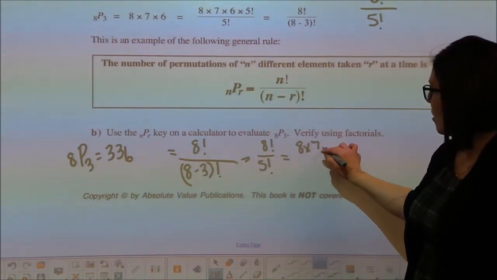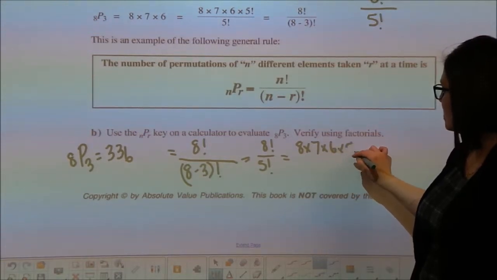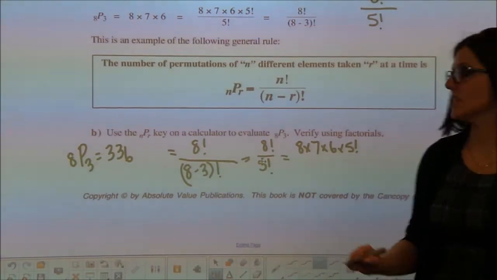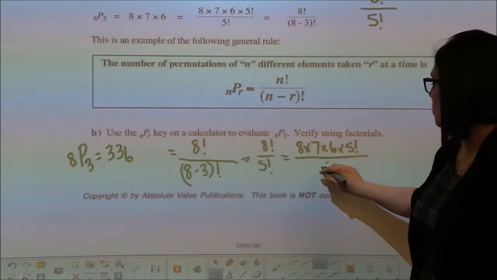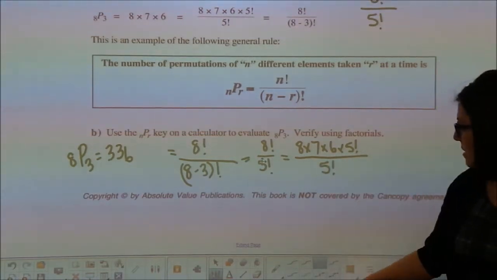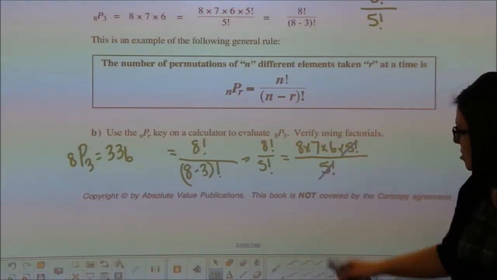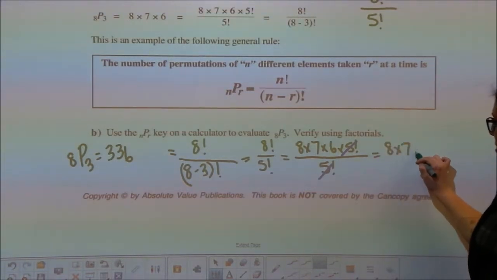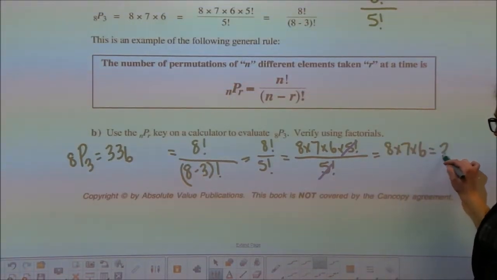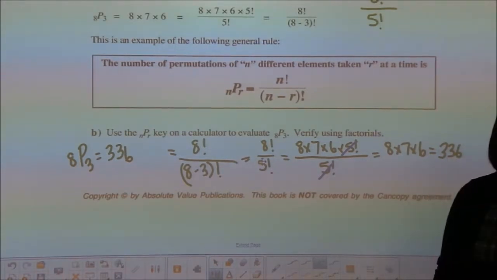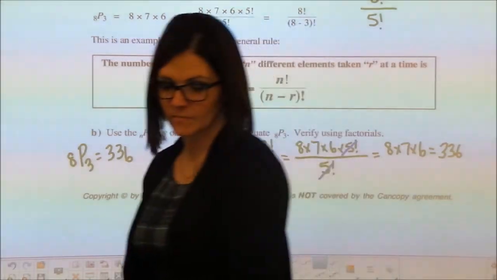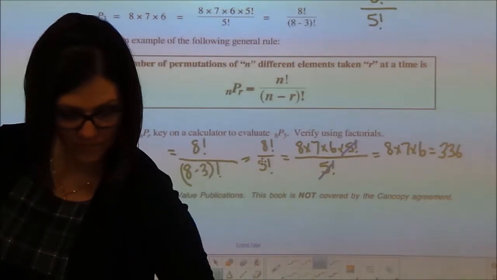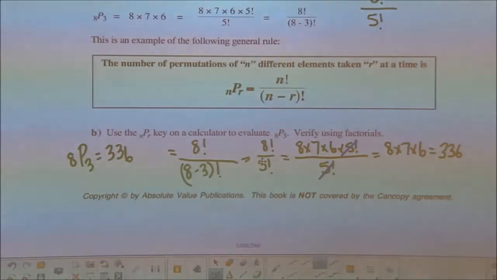I can expand out 8 factorial to give me 8 times 7 times 6 times 5 factorial. Cancel these two out. And 8 times 7 times 6, which is 336. So it still works out. So that helps us define 0 factorial.